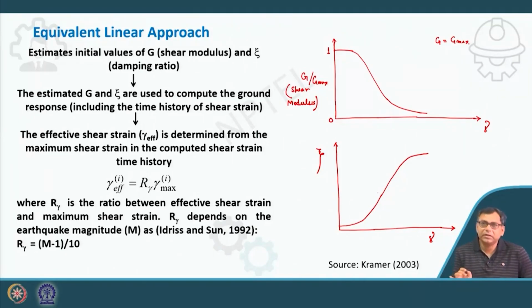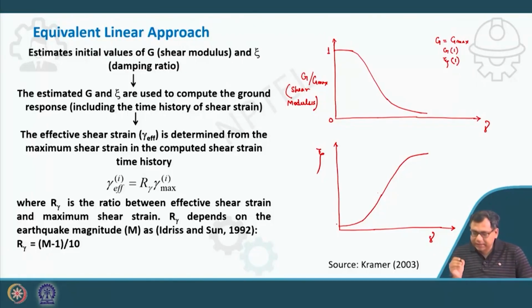Okay. Generally it is considered that G is equal to G max. So we say this is my first trial, we are talking about G1. Similarly, we will consider the damping ratio. In the initial trial we consider G1, which is generally taken as G max, and then the first trial damping ratio, which is generally taken as the lowest value of damping.